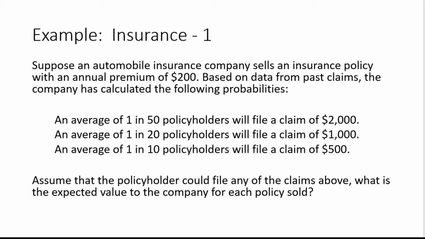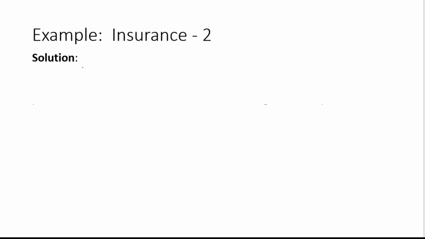An average of 1 in 20 policyholders will file a claim of $1,000. And an average of 1 in 10 policyholders will file a claim of $500. Assume that the policyholder could file any of the claims above. What is the expected value to the company for each policy sold?